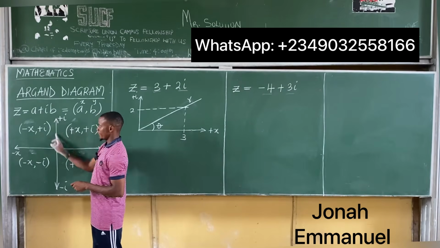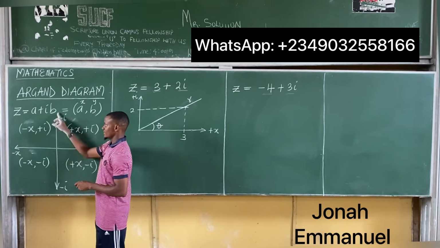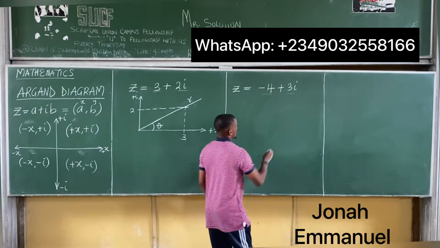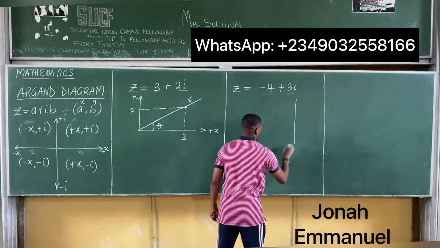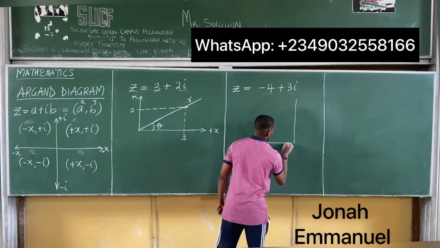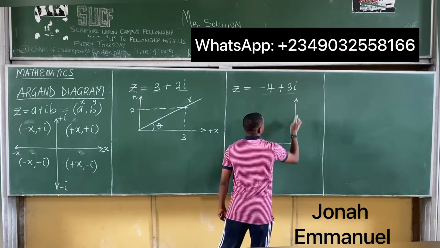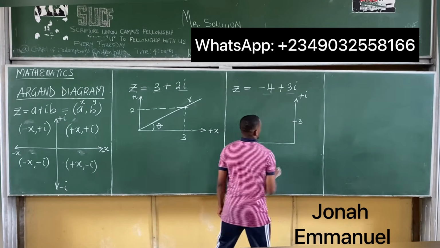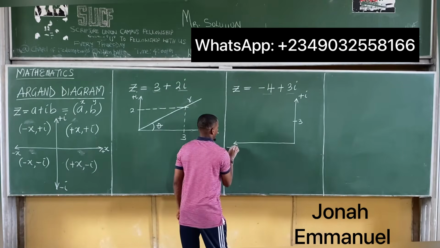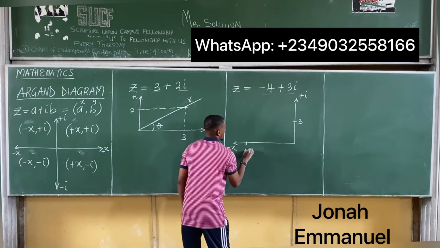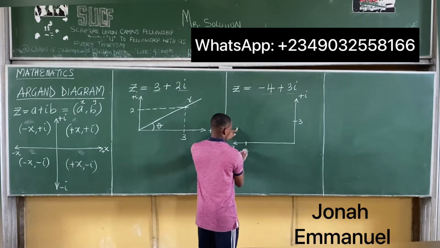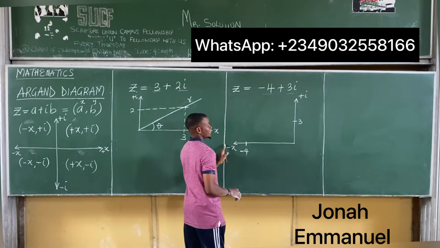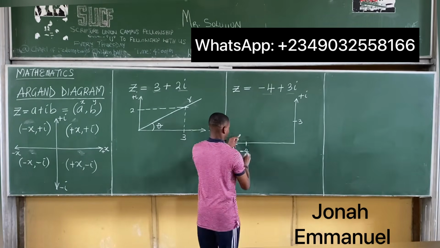So I'll be drawing quadrant 2 that looks like this, something of this nature, such that I'll be having my positive i value and my 3 somewhere here, and then your negative x value, and perhaps the 4 here. So this becomes minus 4 because it's a negative x value.